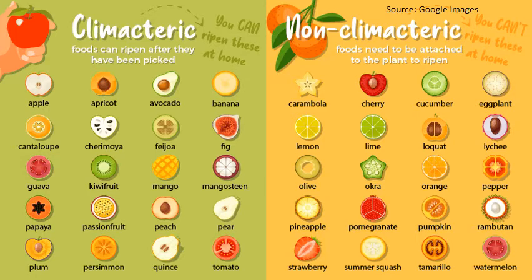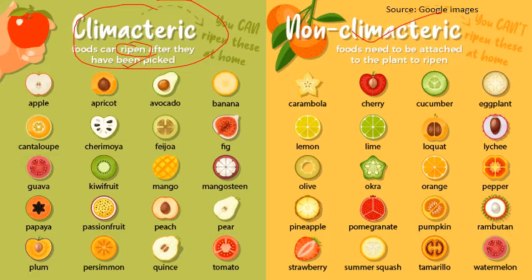This picture shows examples of climacteric fruits and non-climacteric fruits. Climacteric fruits are those in which there is a sudden rise in the rate of respiration during the ripening process. These fruits ripen after they have been picked or plucked from their parent plant, and the ripening process is very quick.